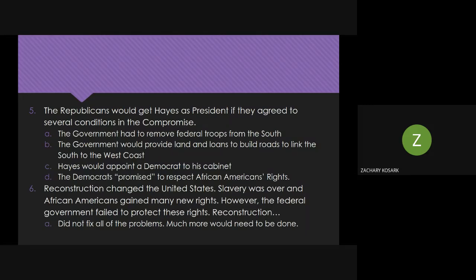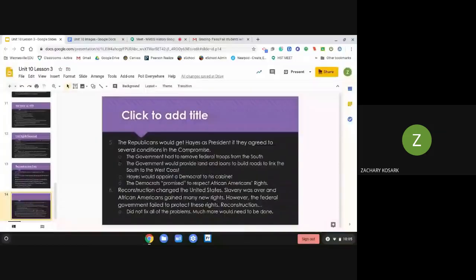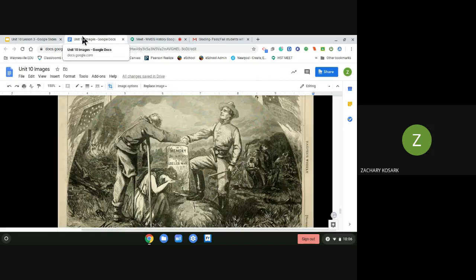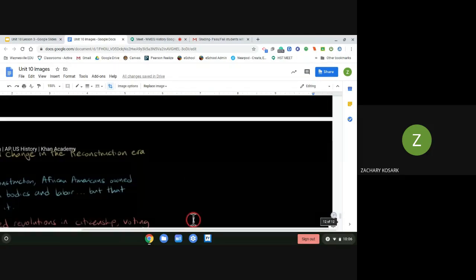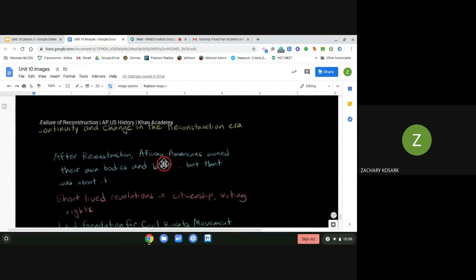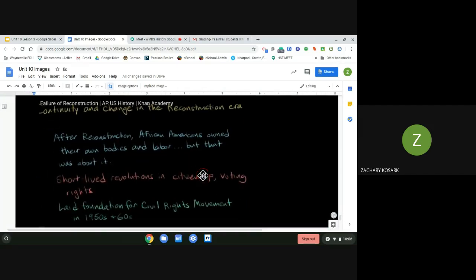Reconstruction does not by any means fix the problems of inequality in the South, and much more work would need to be done. And what you'll see is in the next 80, 90, 100 years of history, that work is done by civil rights leaders in the 50s and 60s, like Martin Luther King Jr., Malcolm X, those people.